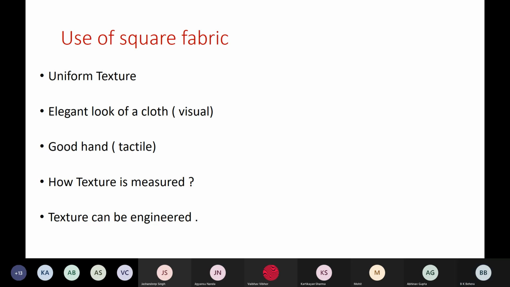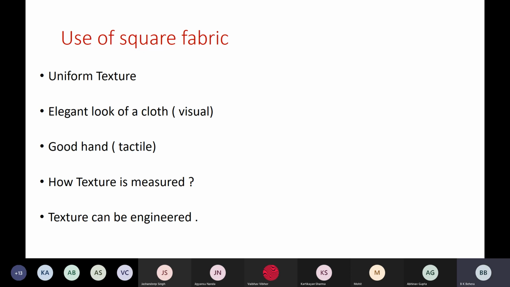Elegant look means our visual perception. So I am talking only about the first two points; then I will come to the next point, tactile, which is separate. Texture means relating to visual perception, what a cloth looks like. And how is it quantifiable, how can you express it numerically, by some absolute quantity?